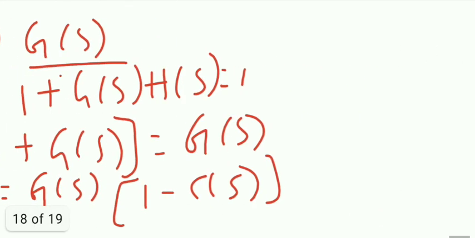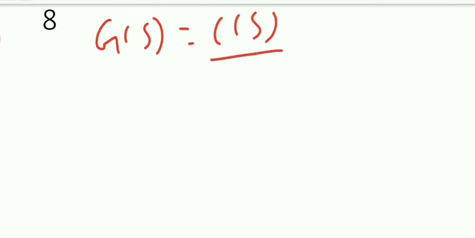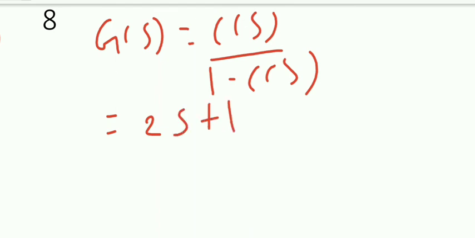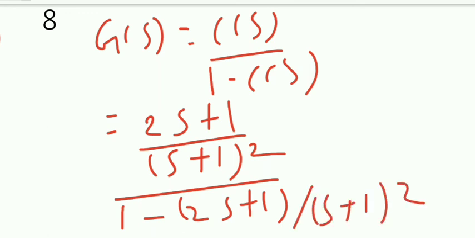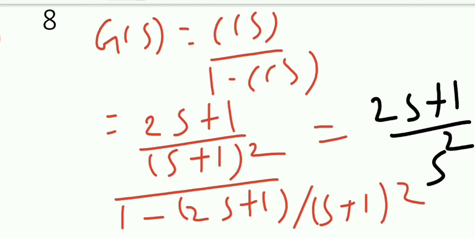Now if we simplify this, g of s becomes C of s divided by 1 minus C of s. G of s is nothing but our open loop transfer function, and C of s we already know. So that is 2s plus 1 divided by s plus 1 whole squared, divided by 1 minus 2s plus 1 divided by s plus 1 whole squared. If you simplify this, what we get is 2s plus 1 divided by s squared.